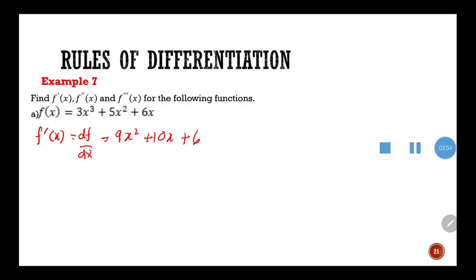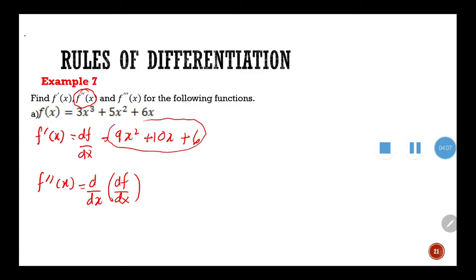Okay, then the question asks you to find f double prime x. So f double prime x maksudnya we differentiate d/dx of df/dx yang tadi ni. Okay, d/dx of 9x square plus 10x plus 6. So what you will get here?